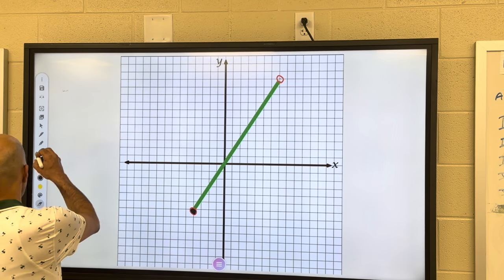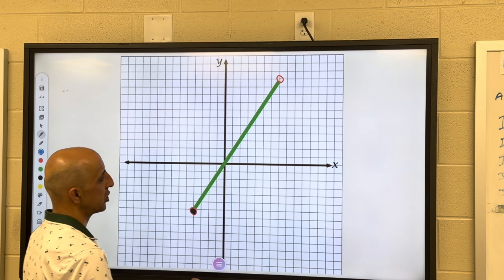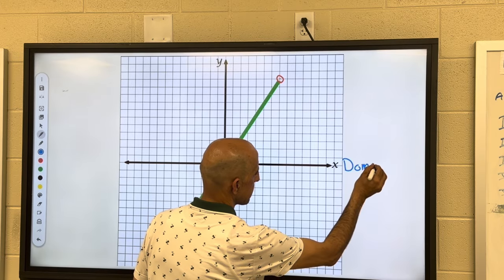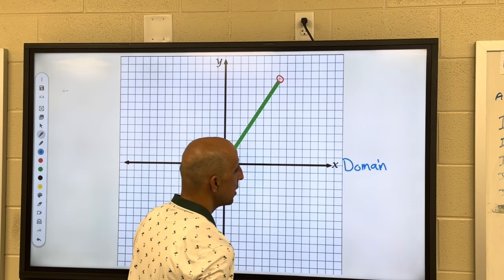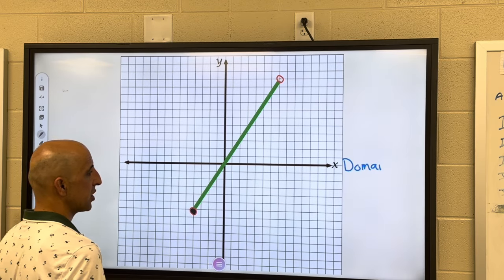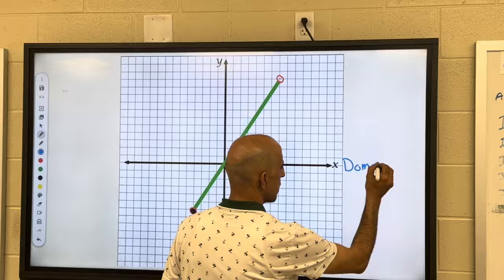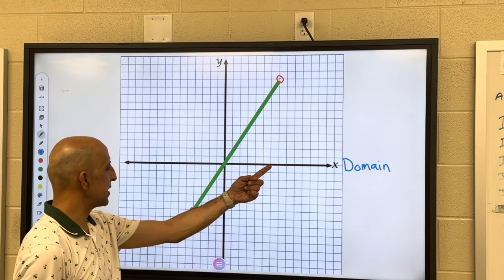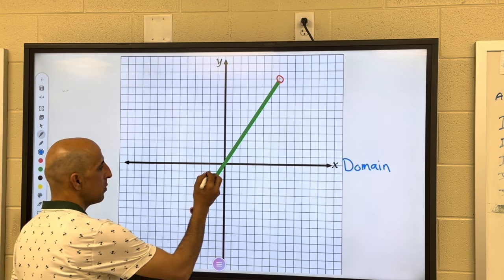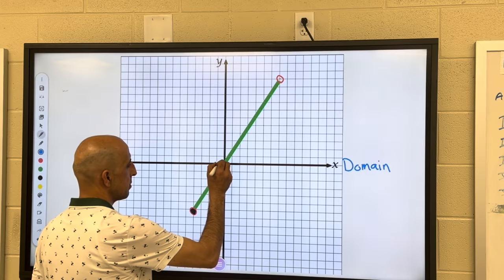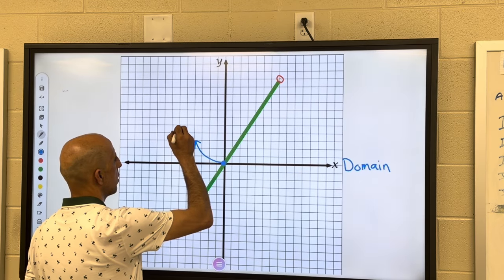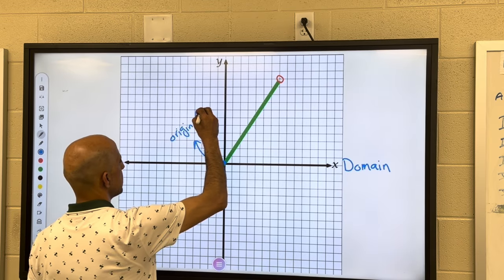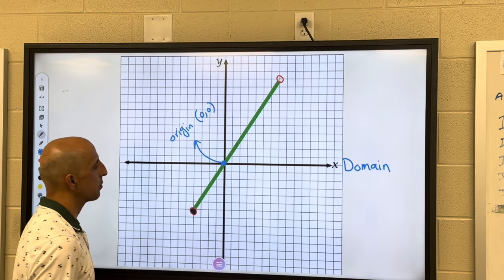First of all, the domain for any function, we usually talk about the x-axis. So the domain for this function can be represented as the x-axis. We will always start from the origin, and the origin is 0, 0.